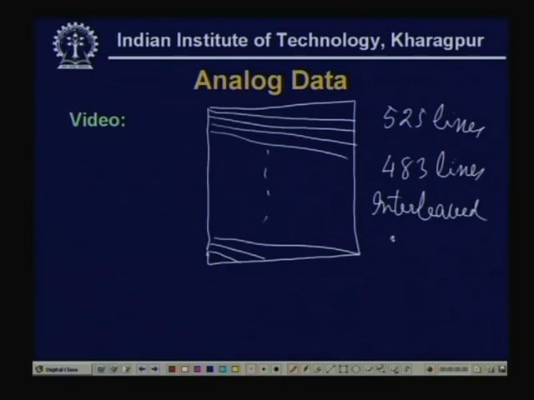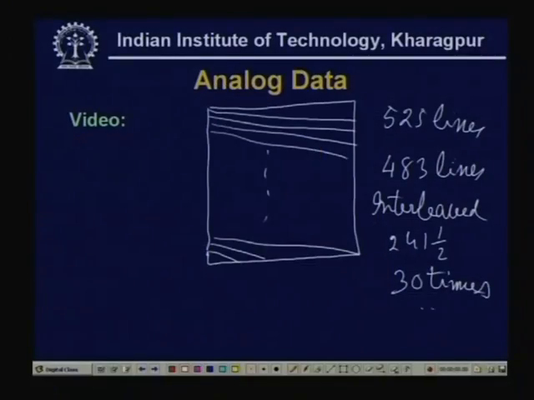That means 241 and a half lines, twice it is repeated, and it is repeated 30 times a second to make it visible on the screen. For the sake of retentivity of the eye, the repetition rate should not be less than 30 times, otherwise the image will not appear to be stationary.